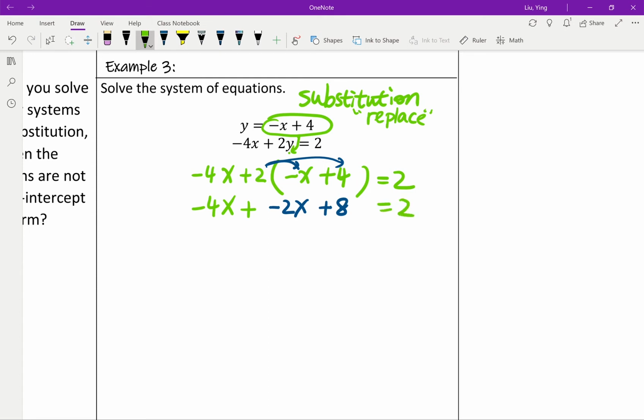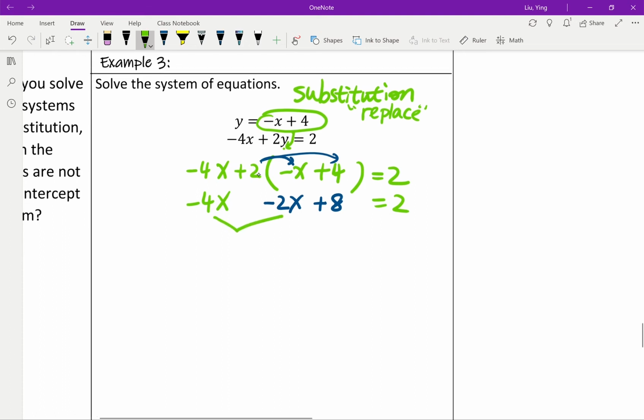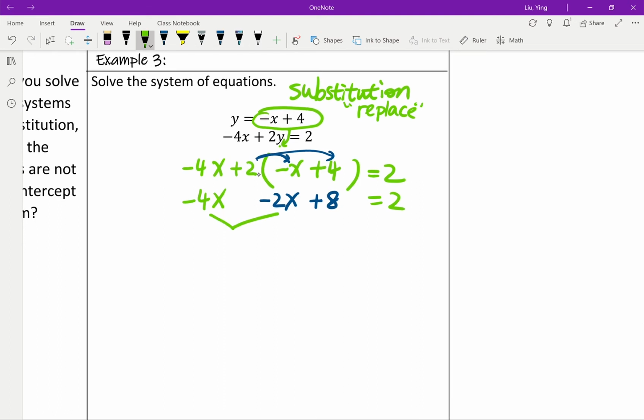And right here, this plus, we don't have to write it out. So then you would combine like terms, because the x's are like terms. Negative 4 plus negative 2, or negative 4 minus 2, is negative 6x.